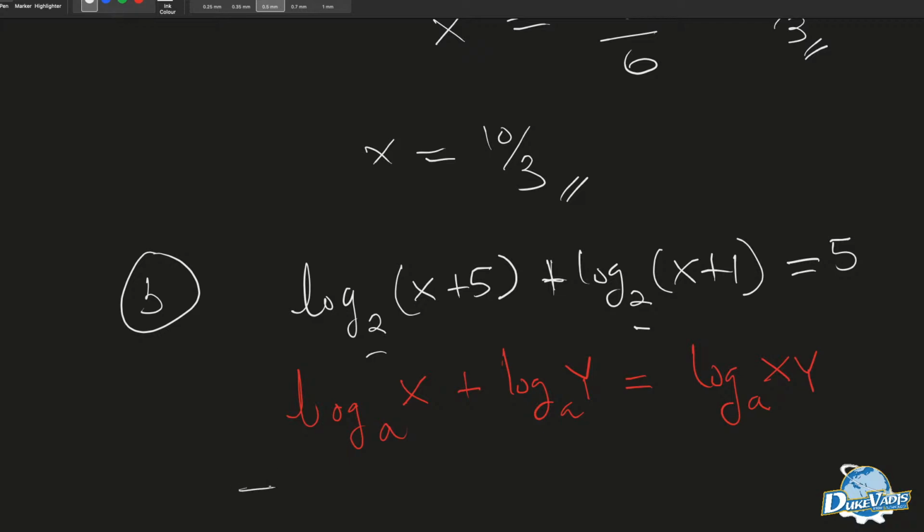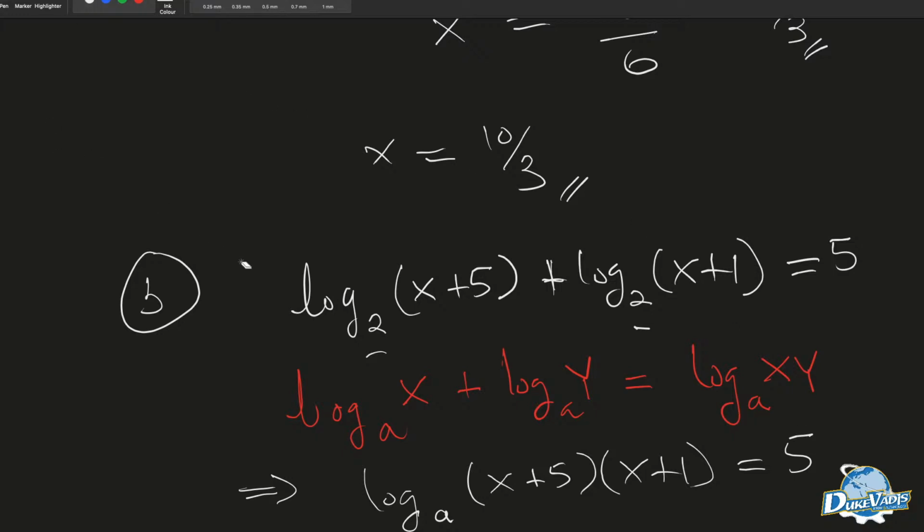So because of this, we are going to get log to the base a of bracket x plus 5 into bracket x plus 1 equals what? 5. Friends, we know this. Our base given was 2. So when we put the 2 back there, this is what we have.